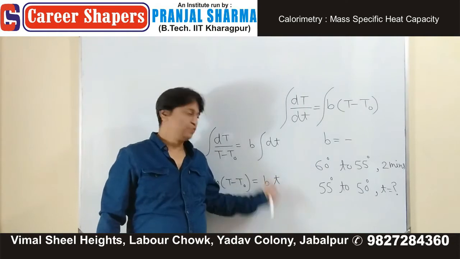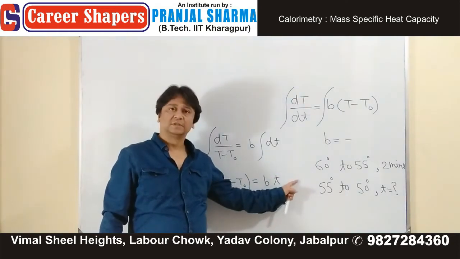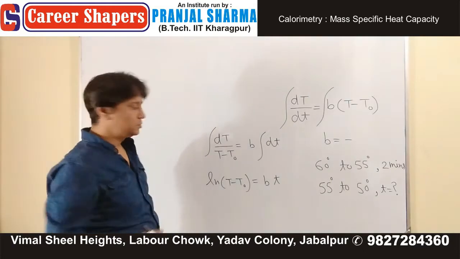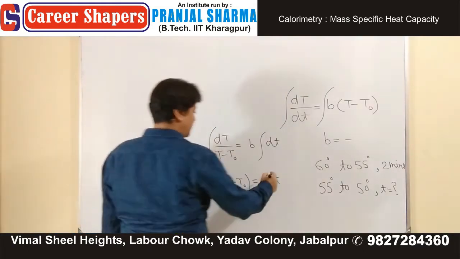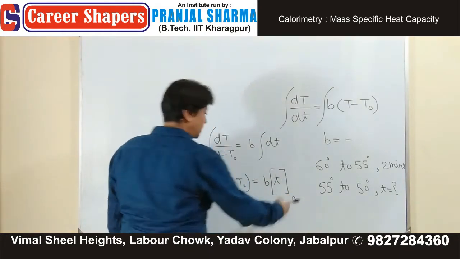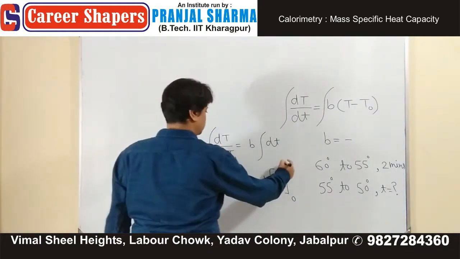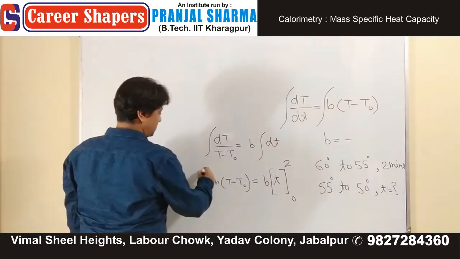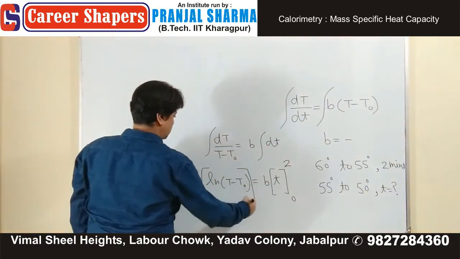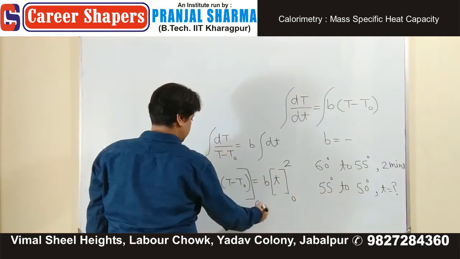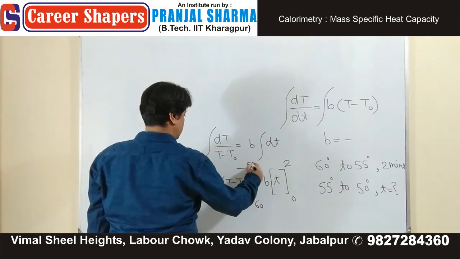In the last class we used the concept of C, constant of integration. We can also use the concept of limits. Limits means starting from 0 to 2, in 2 minutes, temperature changes from 60 to 55.